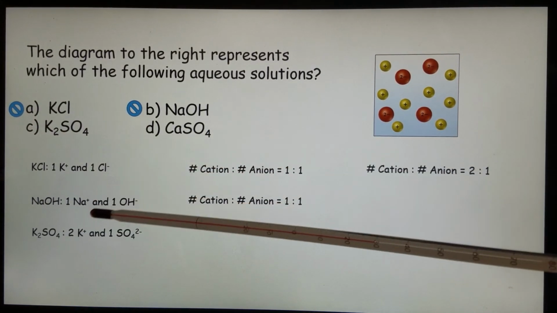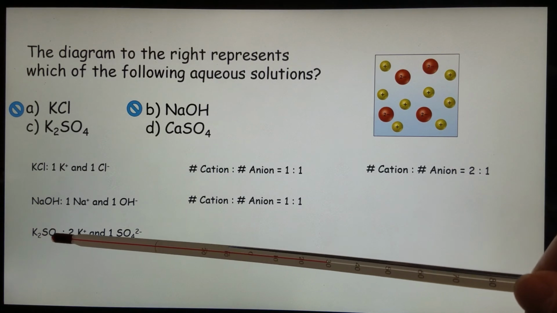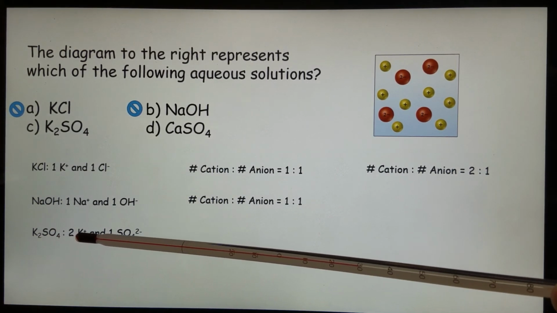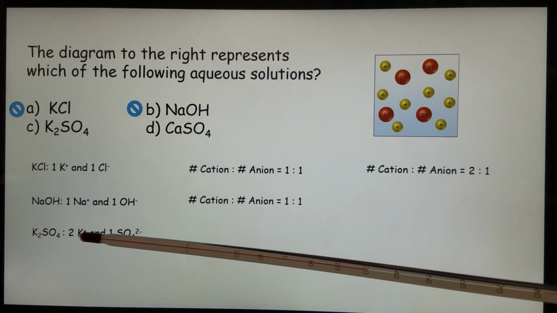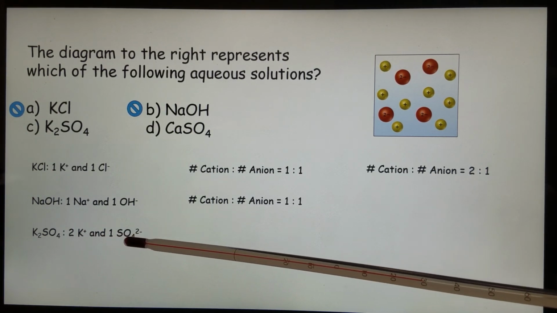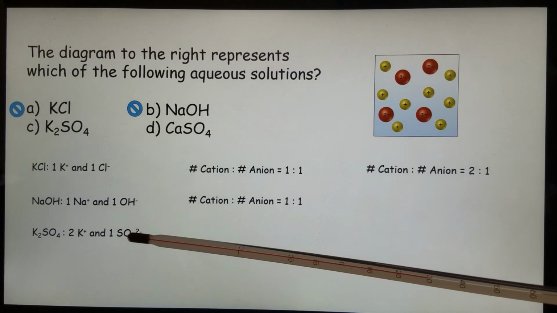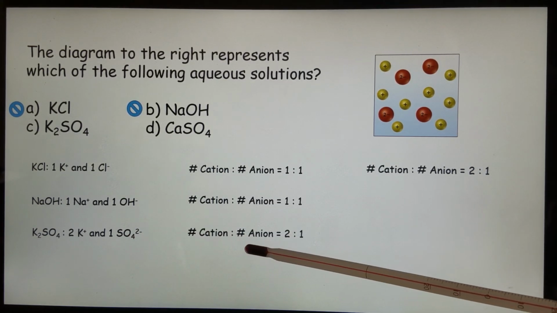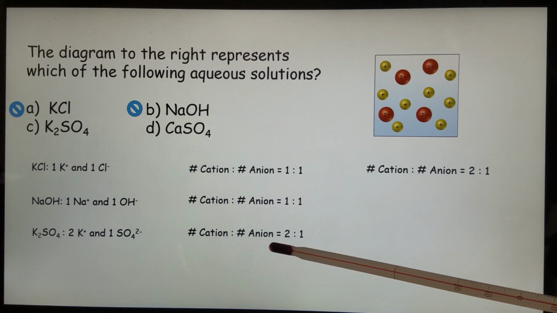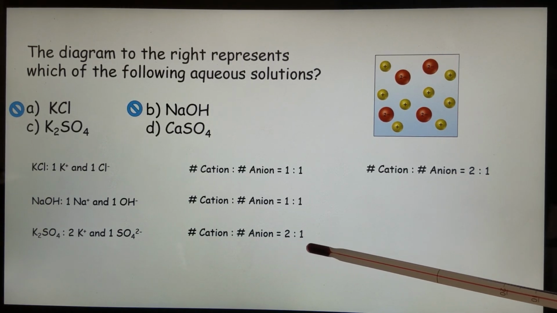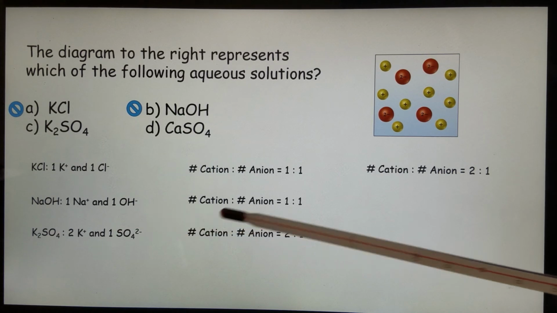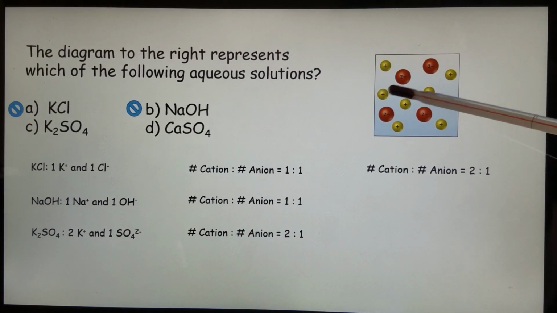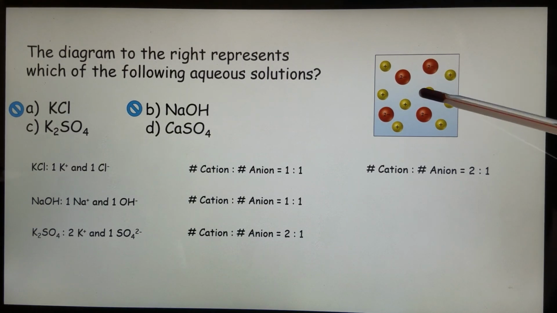Okay, C. In 1 potassium sulfate formula, there are 2 potassium ions and 1 sulfate ion. Now the ratio of cation to anion is 2 to 1. And now you see 2 to 1, or 8 to 4.